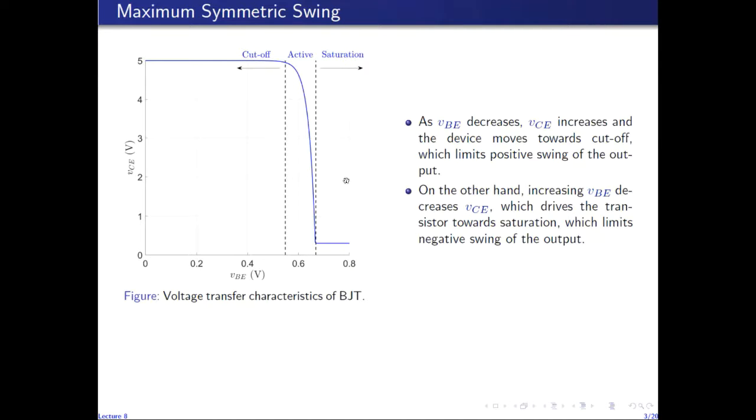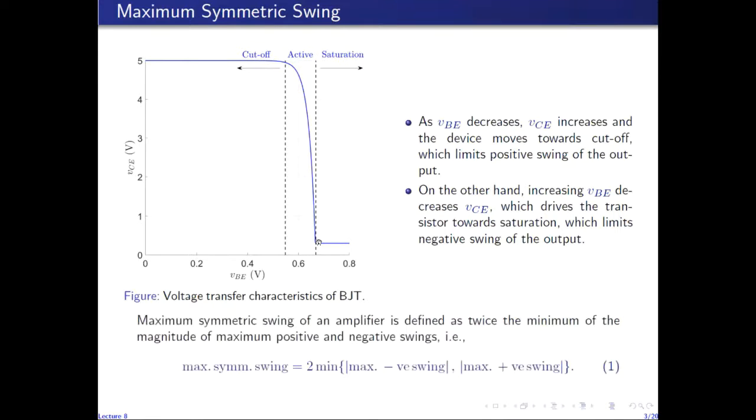So the swing of the output voltage for a BJT amplifier is limited on the positive side by the cutoff mode and on the negative side by the saturation mode. We define the maximum symmetric swing of a BJT amplifier as twice the minimum value of the magnitude of the positive swing and the negative swing.